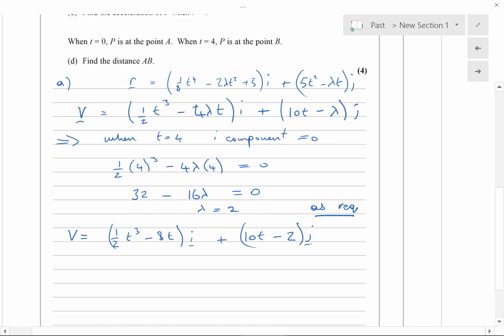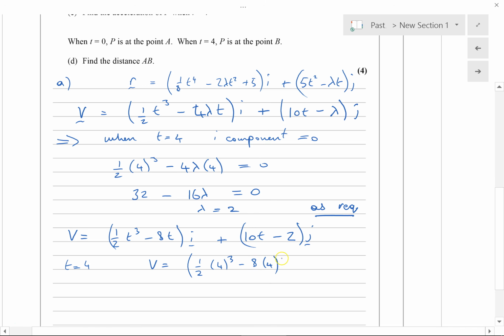That's better. Okay, so when t equals 4, we have v is equal to a half times 4 cubed minus 8 times 4.